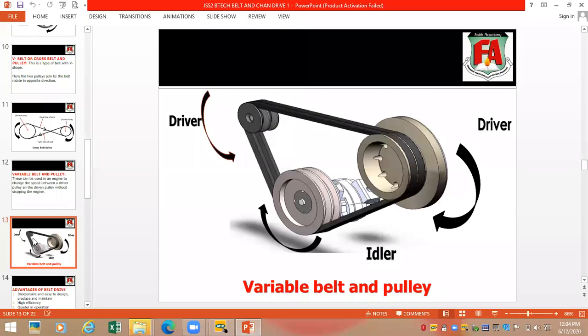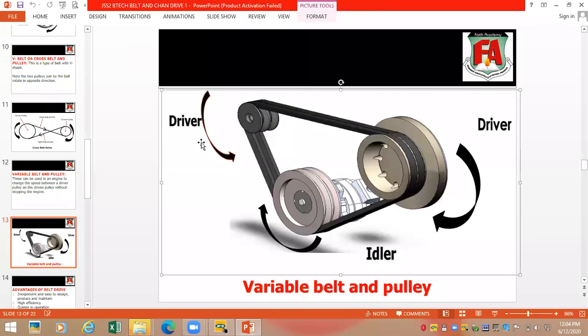Now, the variable belt and pulley. You can see we have 3 pulleys. Why 3 pulleys? The pulley at my left-hand side is the driven. The pulley at my right-hand side is the driver. And under them, we have the idler.